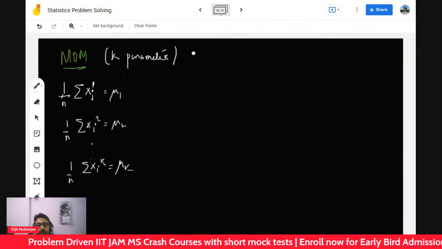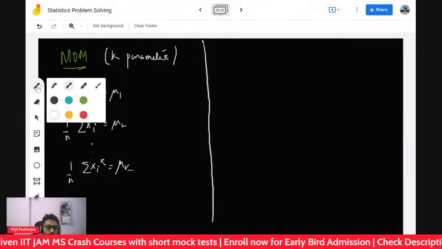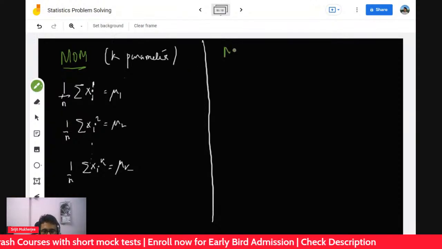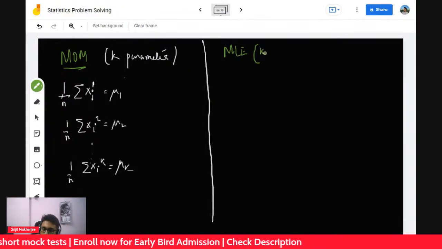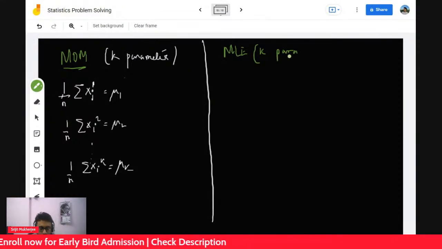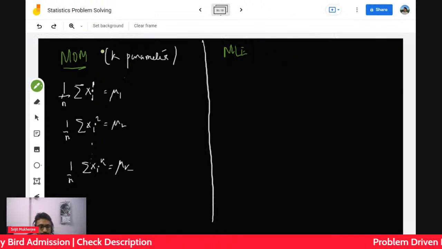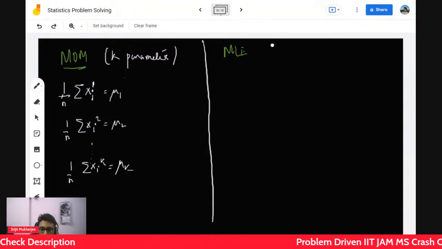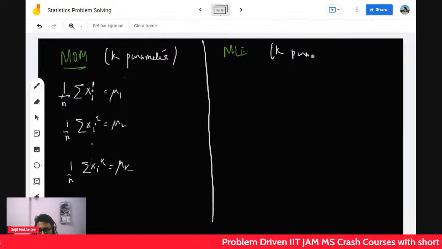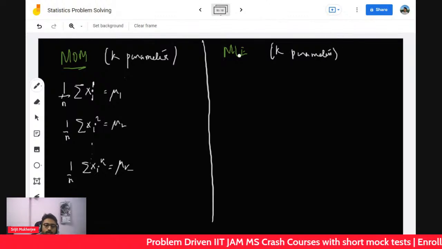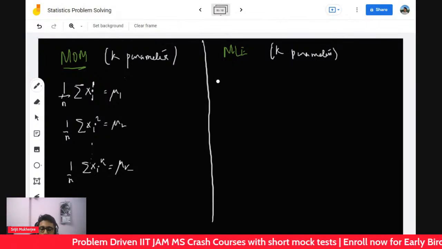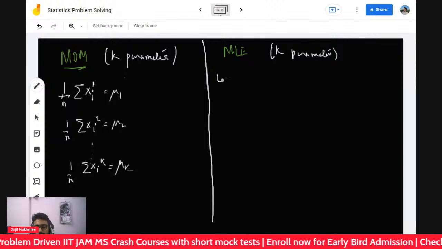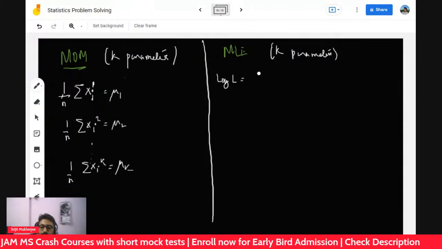Let's now go to MLE, with k parameters. We have seen that we do log likelihood.